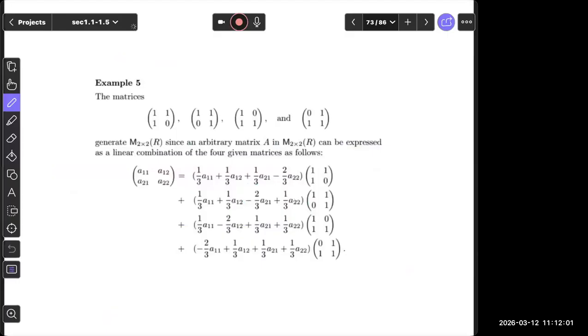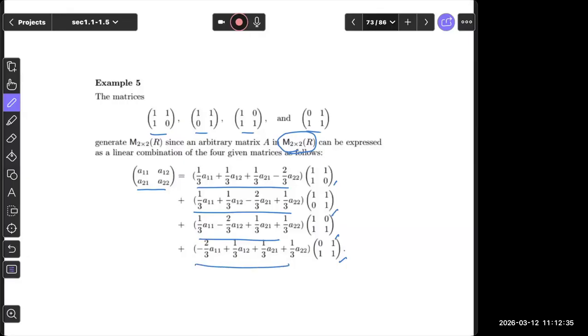And how about this? If I consider four matrices, then the span of these four matrices will be a subspace of M sub 2 by 2 by the theorem. Now, if I choose any arbitrary element from M sub 2 by 2 space, then that can be generated as a linear combination of these four with those weights.